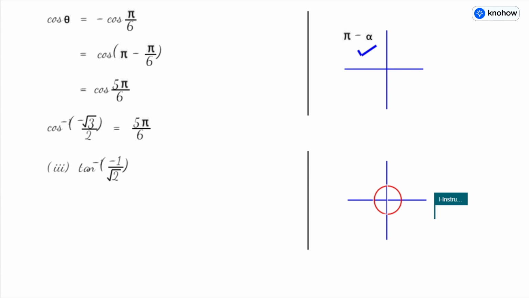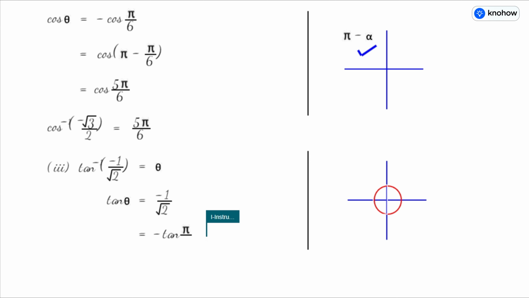Let it be theta. So if tan inverse of minus 1 by root 2 is theta, as per the definition, tan theta is minus 1 by root 2. Minus you maintain. What is that angle in the first quadrant whose tan is 1 by root 2? 45 degrees or pi by 4. So it is minus tan pi by 4.